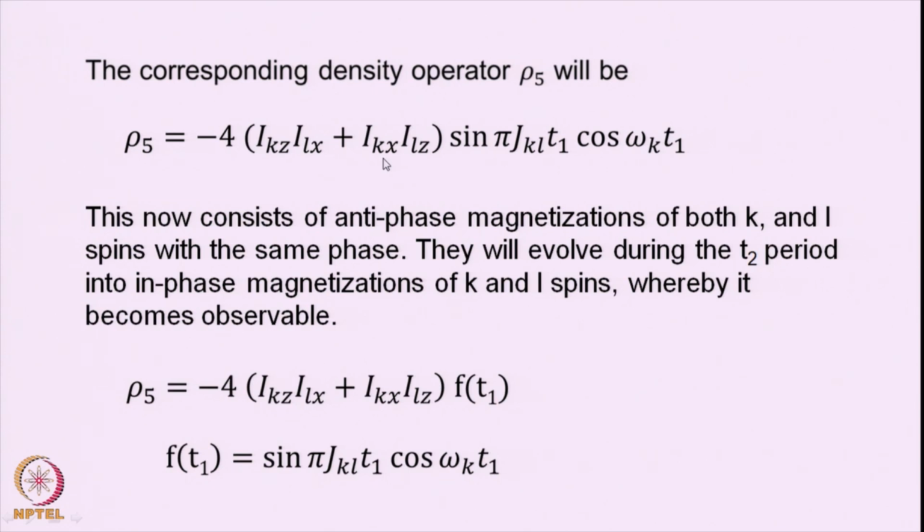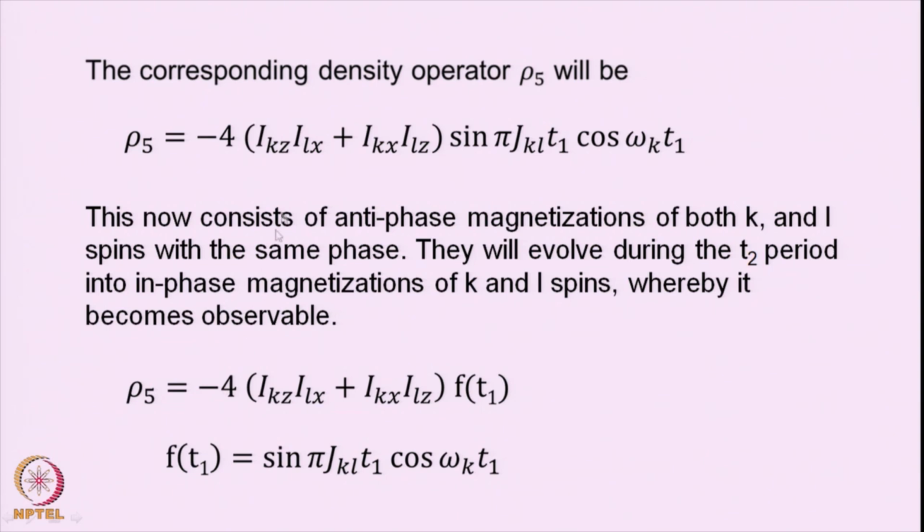When they evolve into IKY and ILY, then they lead to in-phase magnetization, which has a non-zero trace with the observable magnetization operators IKX or ILX. So this will evolve in the T2 period to lead to observable magnetization, which is in-phase magnetizations of K and L spins, whereby it becomes observable.